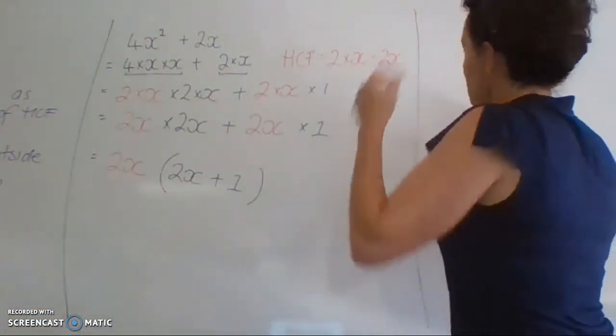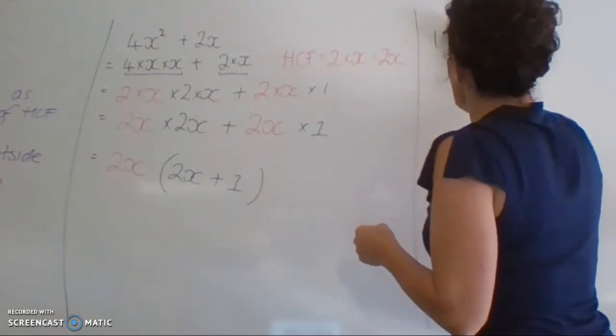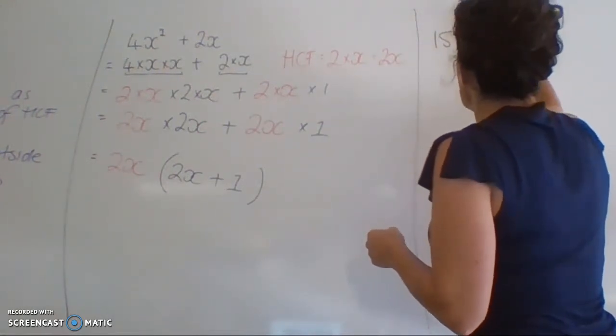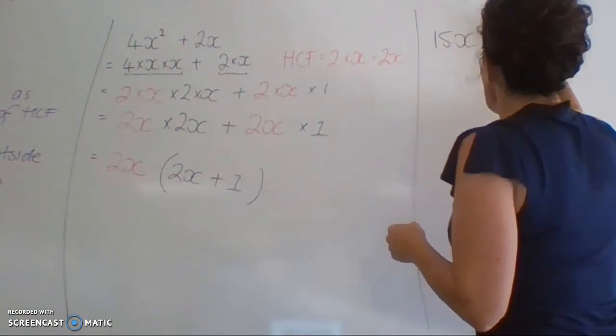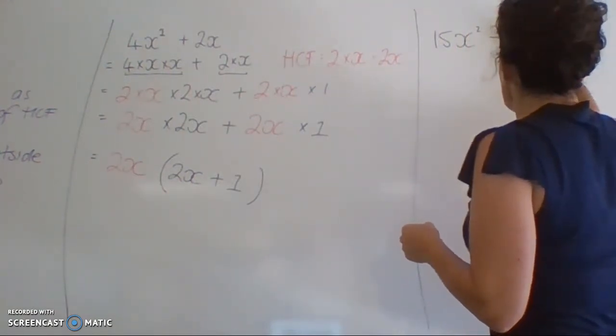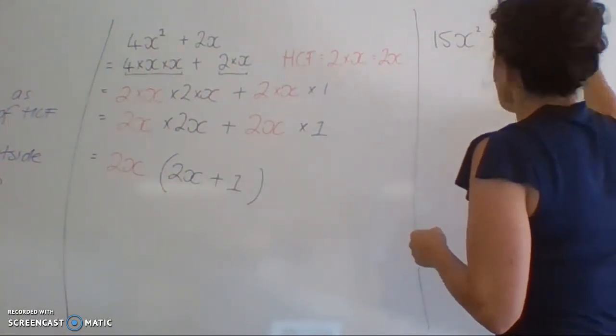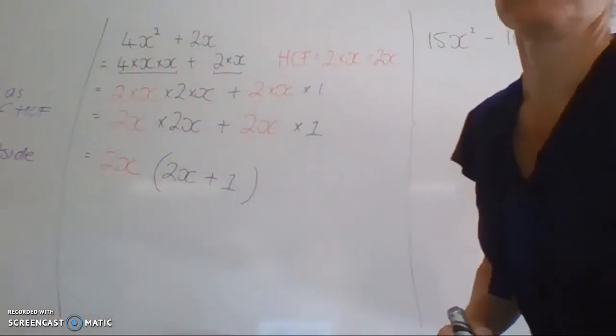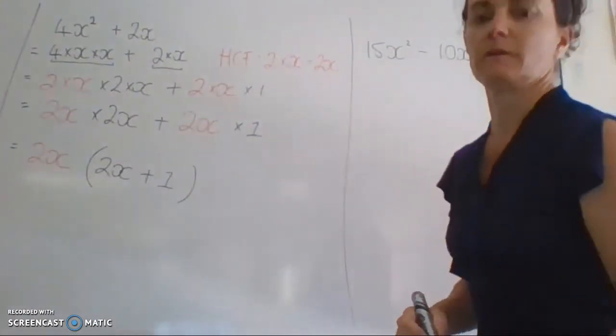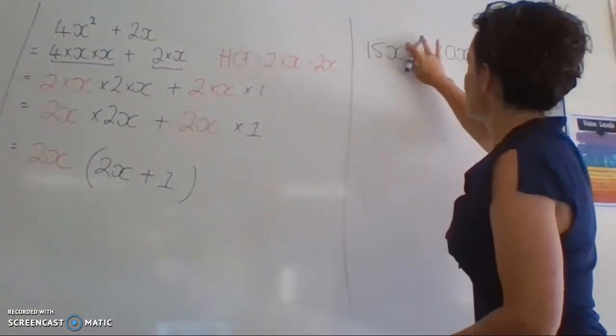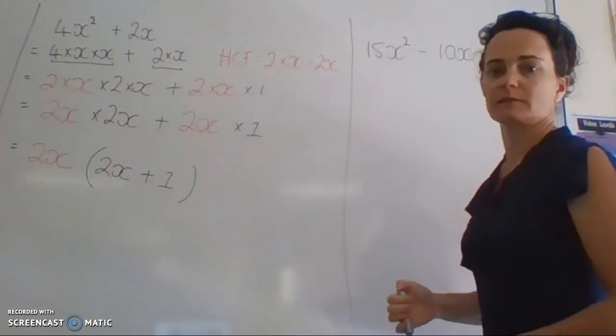So this time we've got 15x squared subtract 10x.